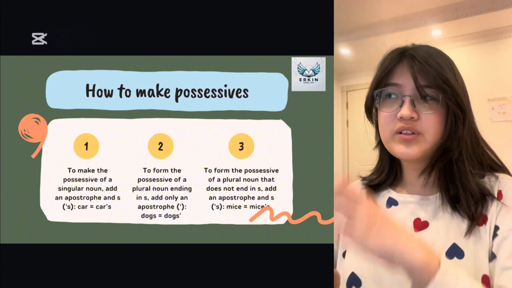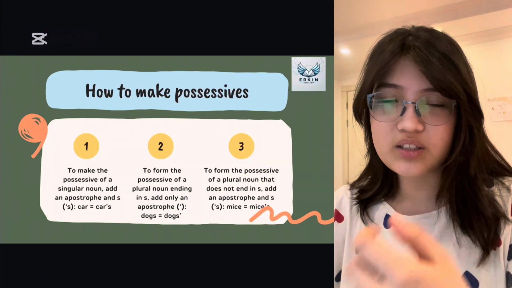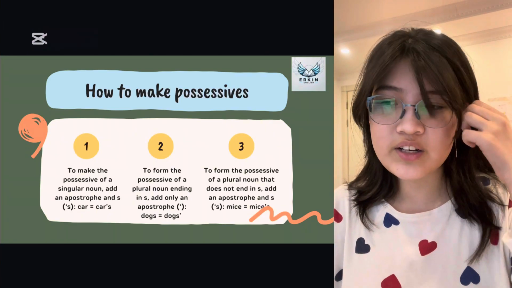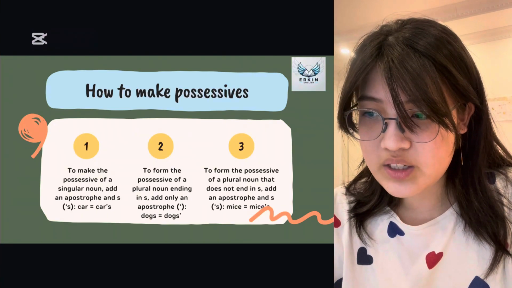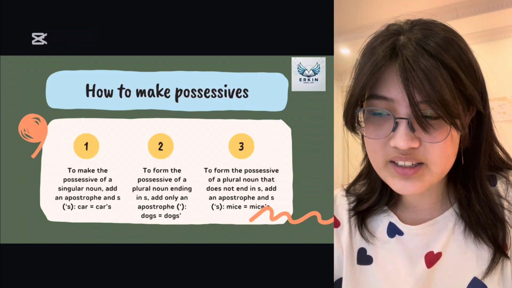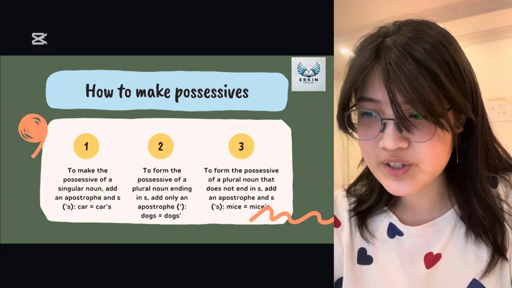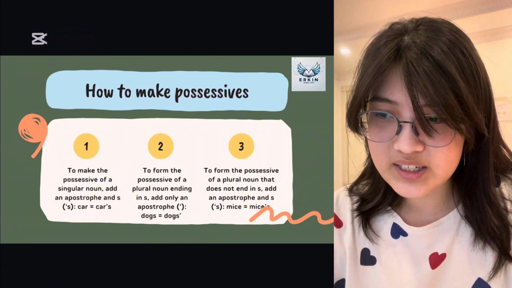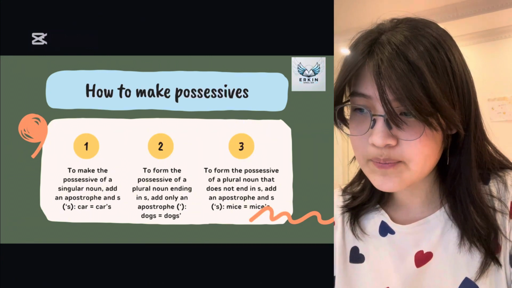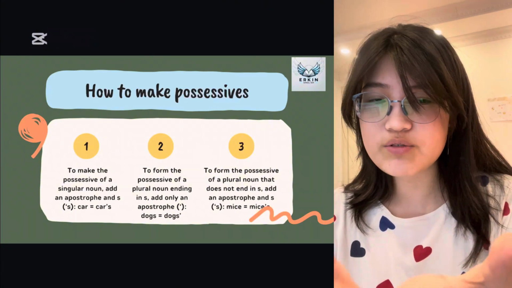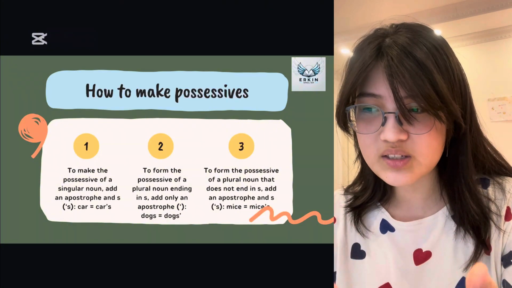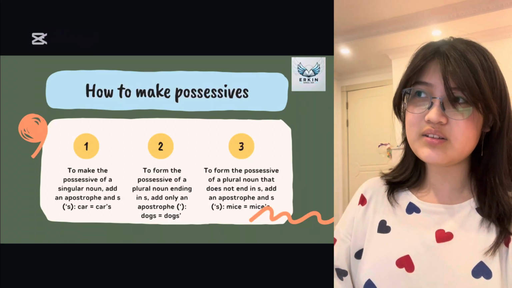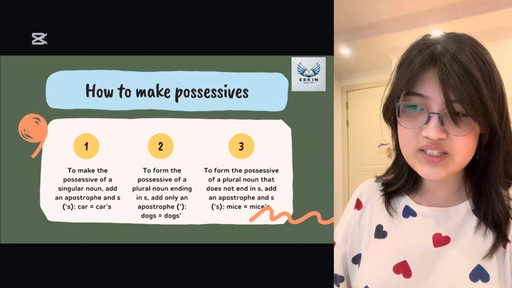The final rule is for plural nouns that don't end with an S. And these plural nouns are irregular plural nouns. And for them, instead of just adding an apostrophe like for regular plural nouns, we consider the first rule where we add an apostrophe and an S. So here, the word mice is used for multiple mouses, but because it's an irregular plural noun, instead of saying mouses, we say mice.